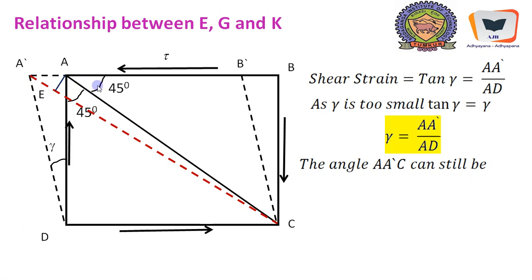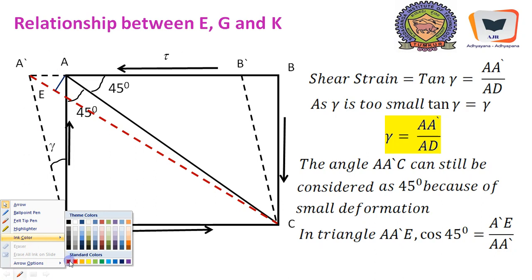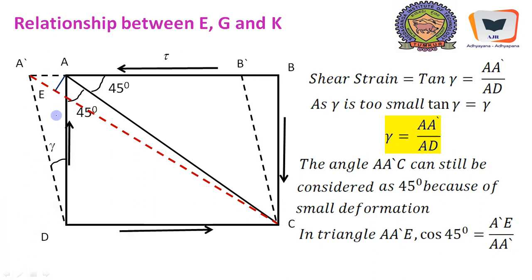Since this dislocation or deformation AA dash is very small, we are not erring if we assume that AA dash E is still 45 degrees. And the angle AA dash C can still be considered as 45 degrees because of small deformation, that is AA dash. In the triangle AA dash E, we are arguing that this angle is still 45 degrees.